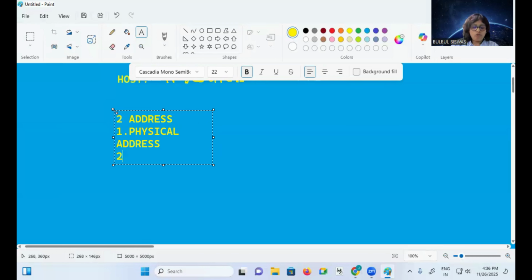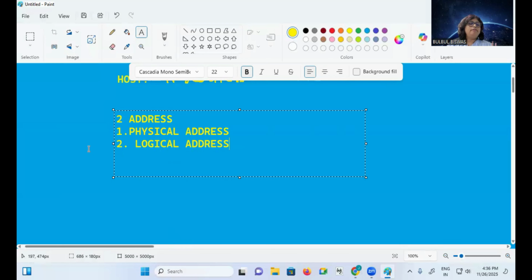And second, we call the logical address. One is the physical address, another is the logical address. The physical address is nothing but the MAC address, and the logical address is nothing but the IP address.